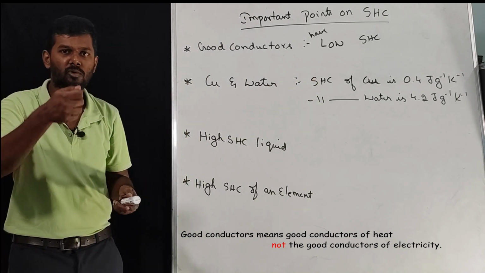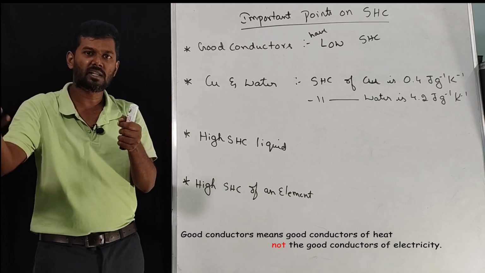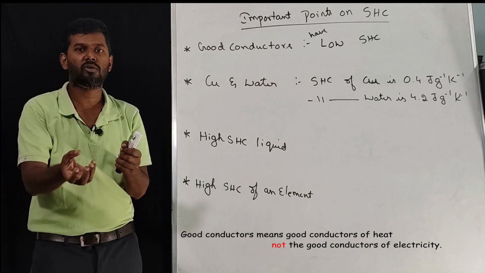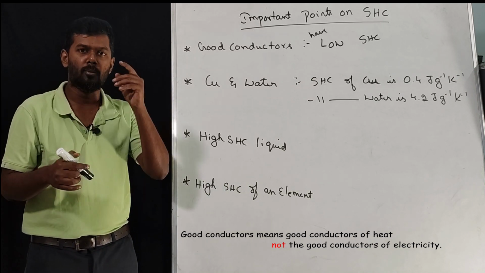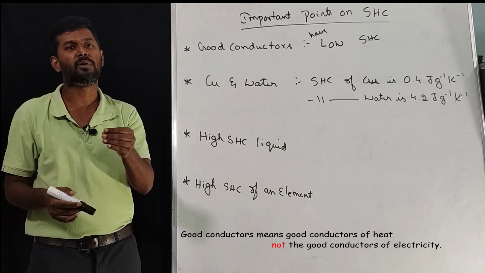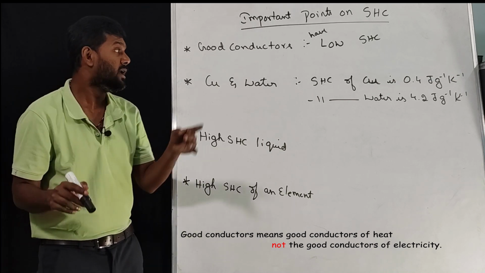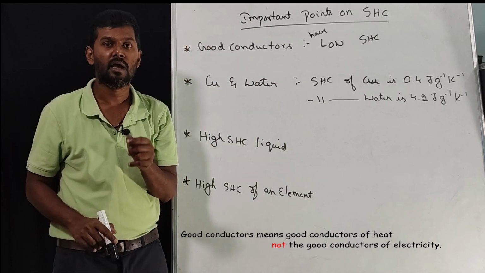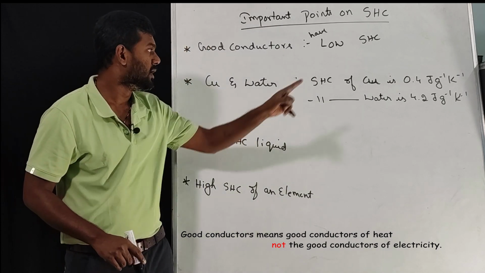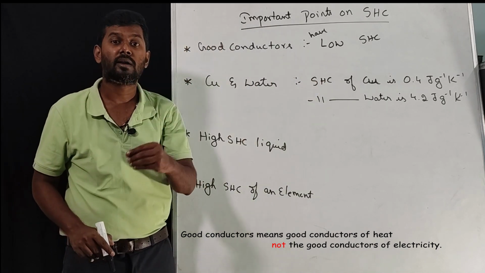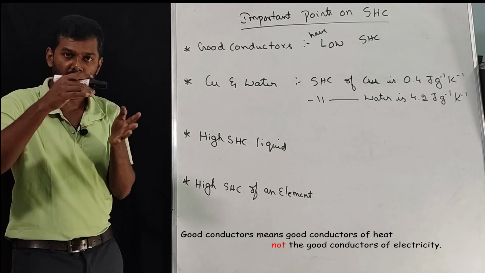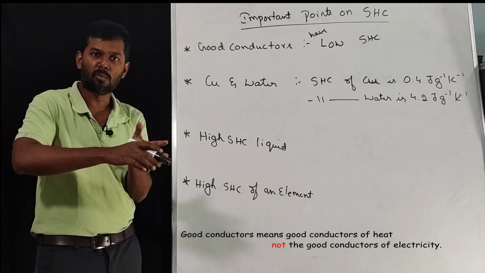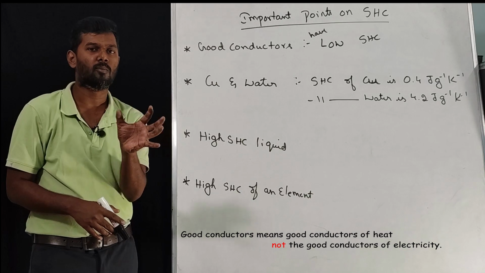Assume you take a copper vessel, inside that you pour water, and you try to boil it. Now for both copper and water the temperature rises, but the temperature of copper rises rapidly. This is the very important point. The temperature of copper rises rapidly. That means the copper attains more temperature in less time.